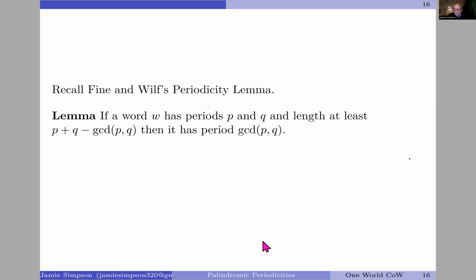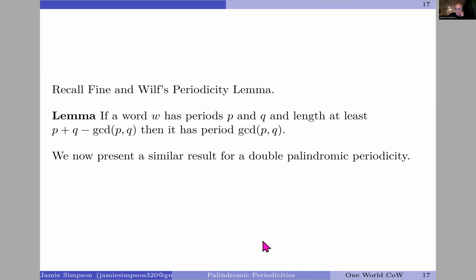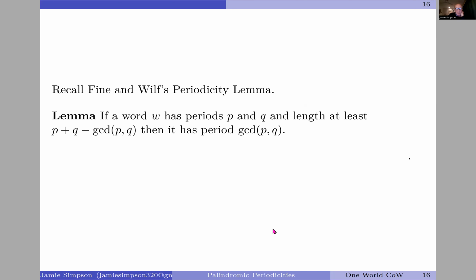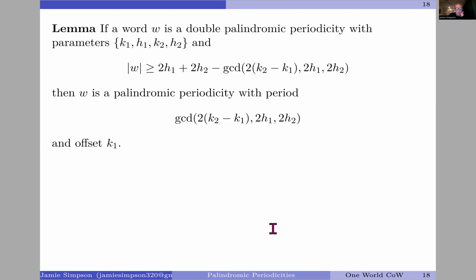Our case is this: if the length is greater than that, where 2h1 and 2h2 are the two periods, that's the sum of the periods plus that greatest common divisor. And that's looking very like the Fine and Wolf length.